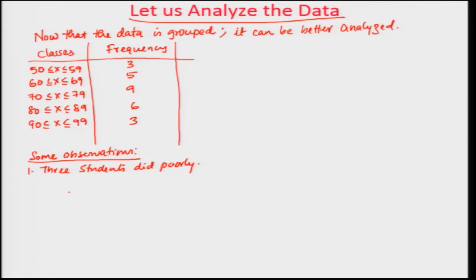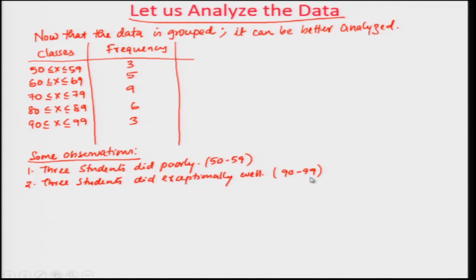Who are the 3 students we want to say did poorly? I can say 50 to 59, right? Number 2, 3 students did exceptionally well. Who are those people? 90 to 99, right?